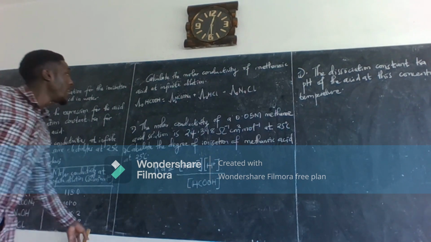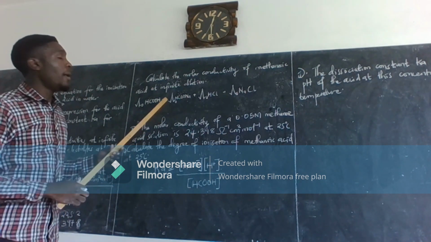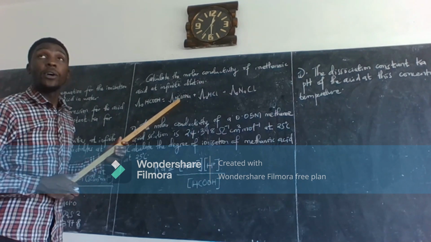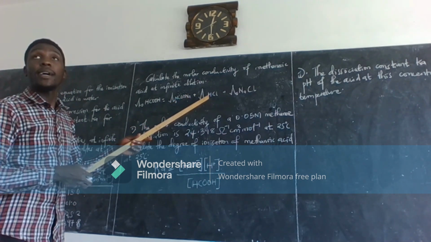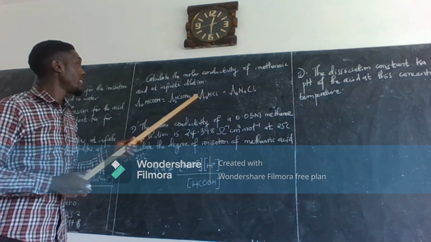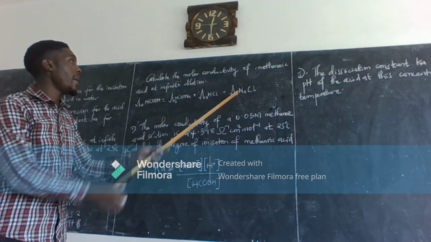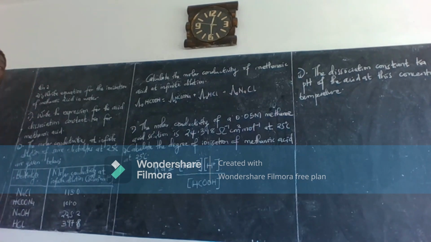Why? Because sodium methanoate has methanoate ions. Then plus the hydrogen ions from hydrochloric acid. Then minus the sodium chloride ions from sodium chloride.